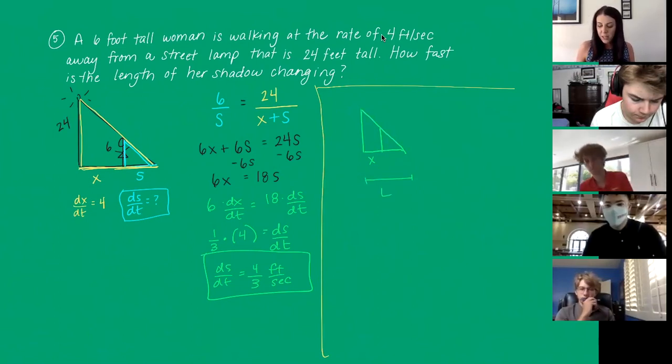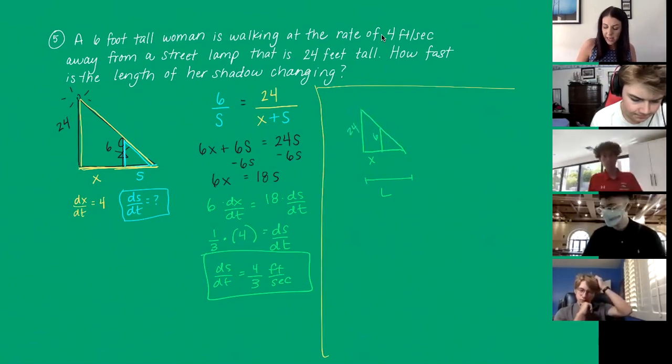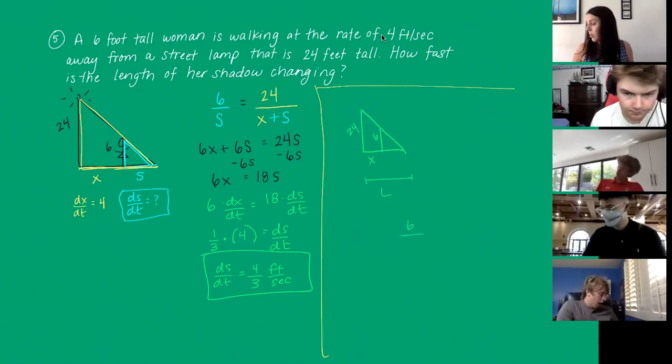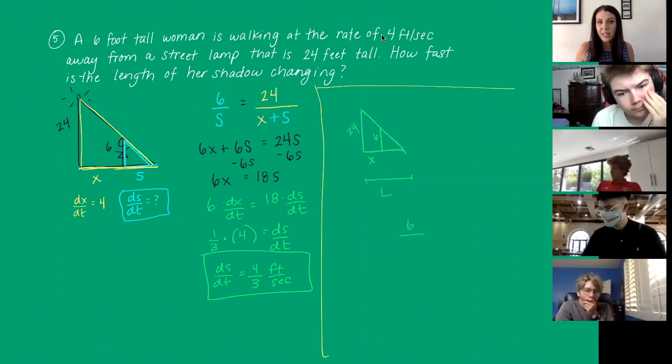Okay. If this was the same scenario, but I wanted to know how fast the tip of her shadow is moving away from the light pole, this is still 6. This is still 24. Now what I'm doing is I'm setting up 6 over what? What would be the denominator? Instead of 6 over s, now I don't have a variable for this part. What would go in the denominator there?